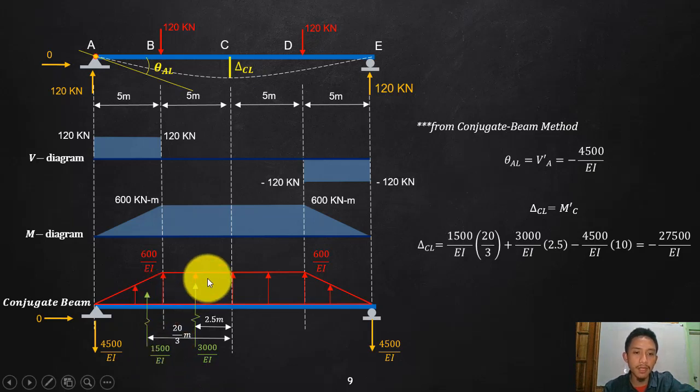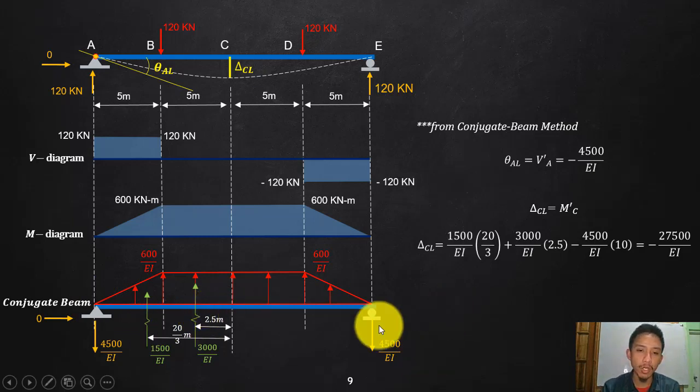But since we are just getting a moment and shear at a point, why not just get the summation of shear and summation of moment at that point. So I will not be drawing the shear and moment diagram of my conjugate beam. All I need to do is get the moment and the shear at the point that we are considering.